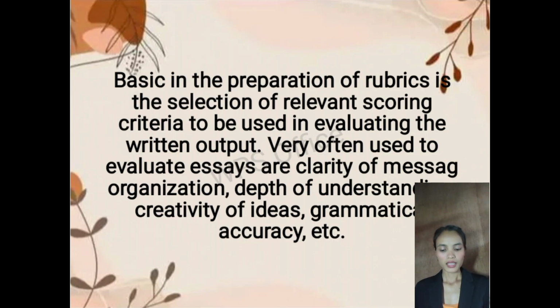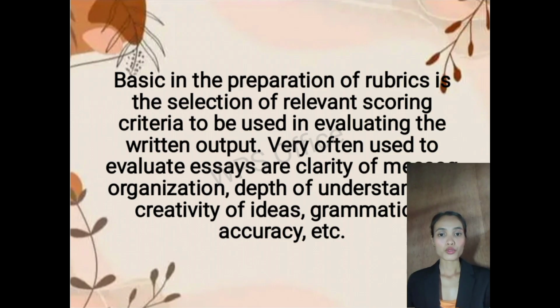Criteria often used to evaluate AC are clarity, message organization, deep understanding, creativity of ideas, grammatical accuracy, and so on. If the relevant criteria are singled out and focused on separately to show the learner profile across these different dimensions of attributes, analytic scoring is applied.